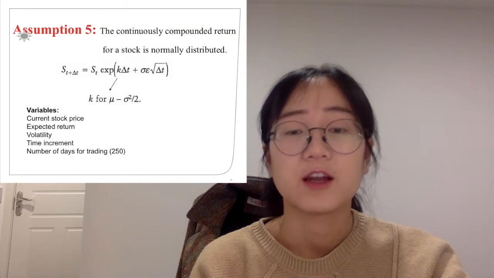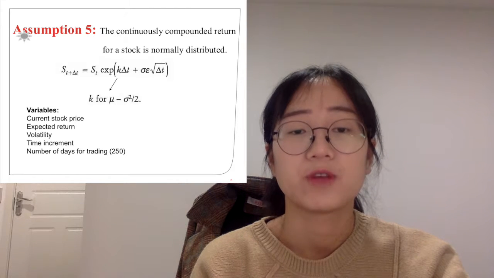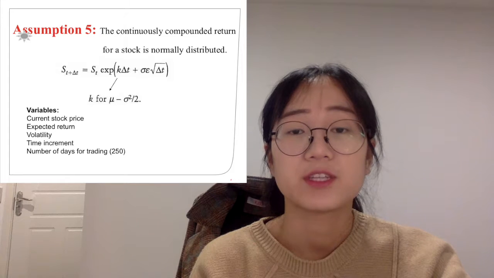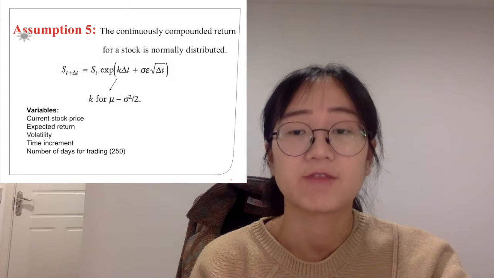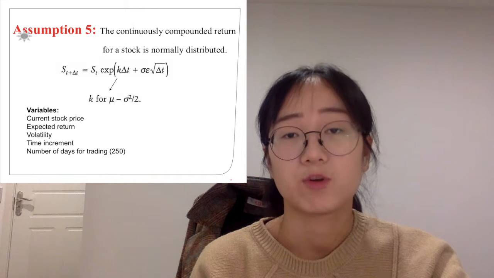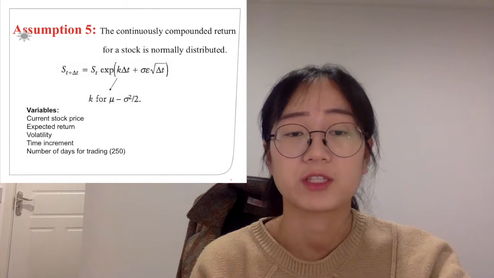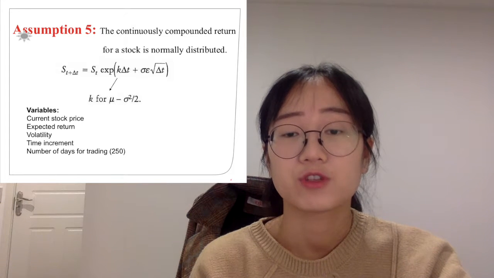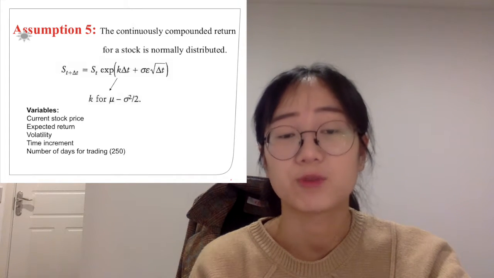And for the last assumption, by developing the equations in assumptions 3 and 4, we can get the last one, which is the most important part in our project because it is used to predict the future stock price using current price.